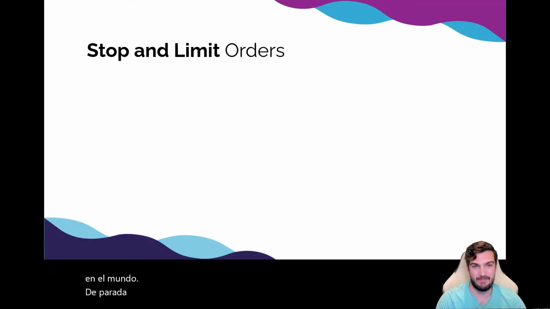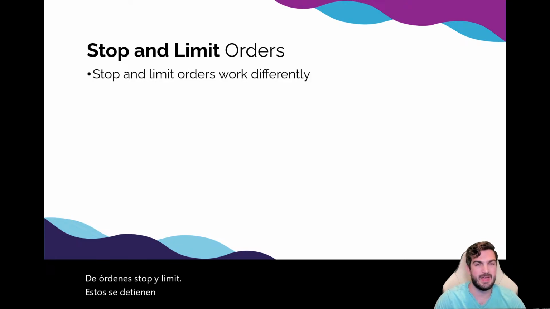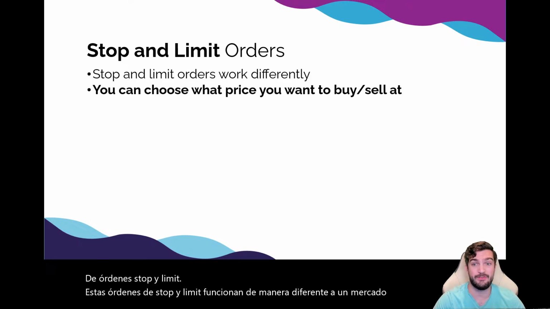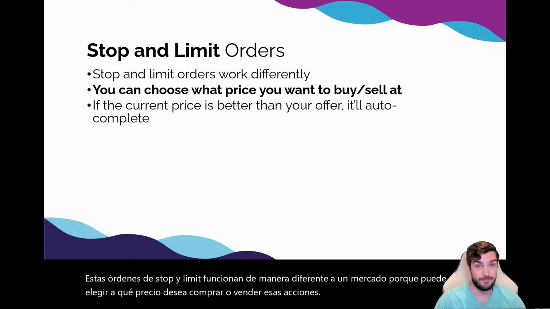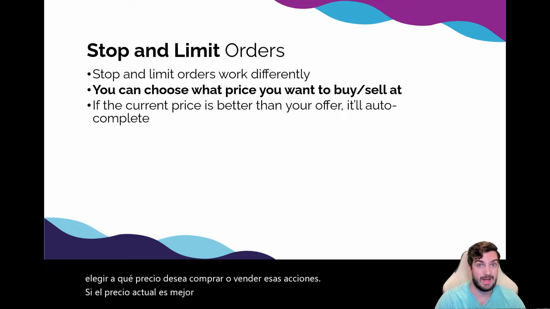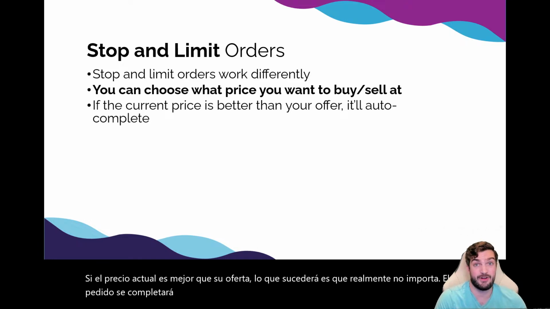These stop and limit orders work differently than a market order because you can choose what price you want to buy or sell those shares at. If the current price is better than your offer, it doesn't really matter. The order will auto-complete at the best offer in the market, so it'll work like a market order.